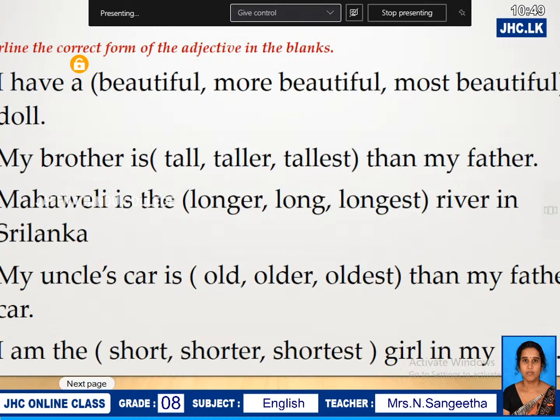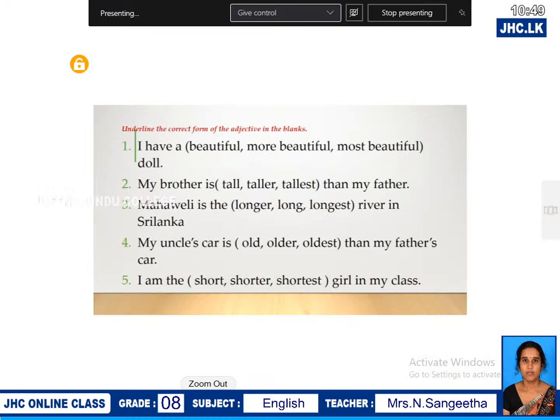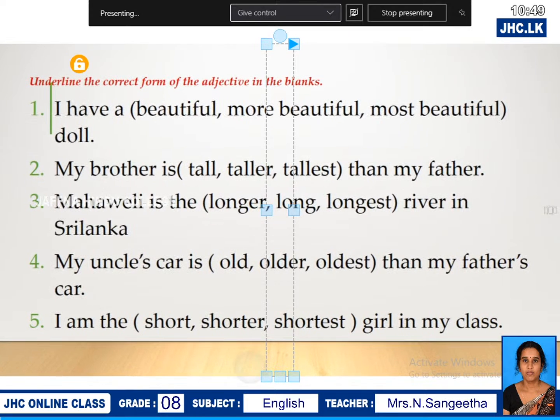And now this is also a revision activity on adjectives, superlatives and comparatives. You have studied adjective, superlative, comparative. When you use an adjective to describe a noun, we use the adjective.